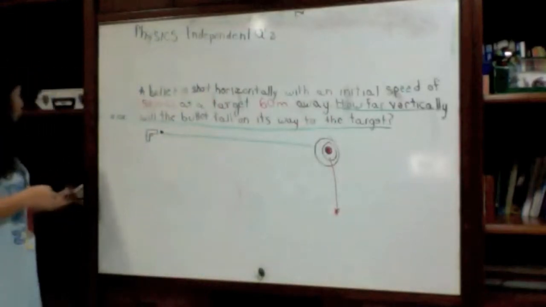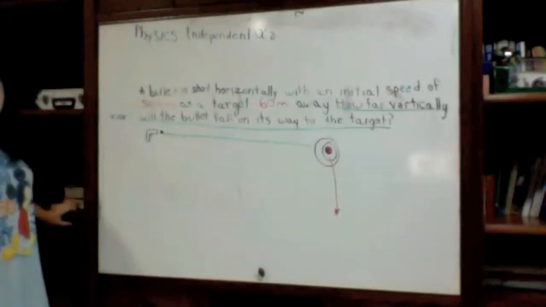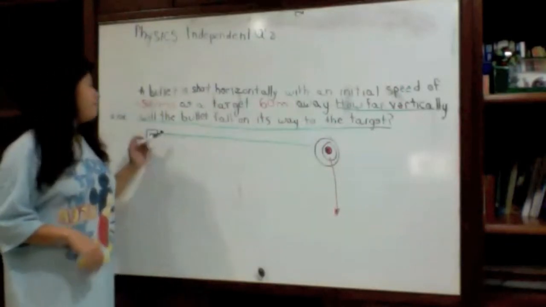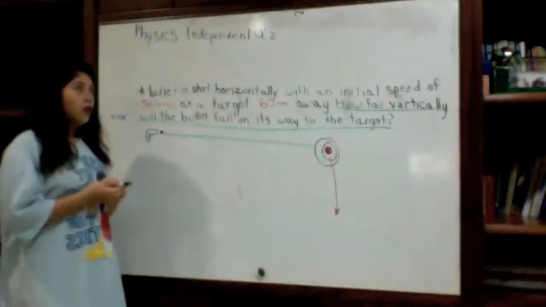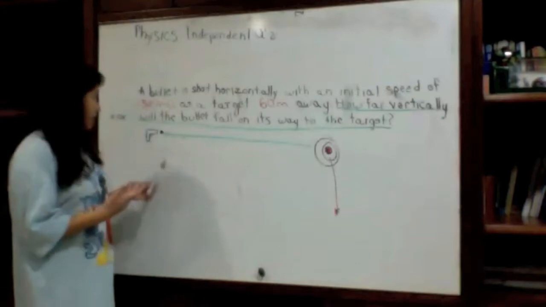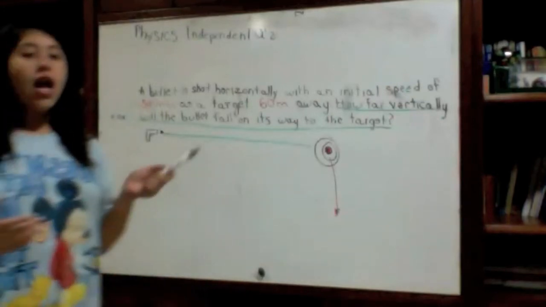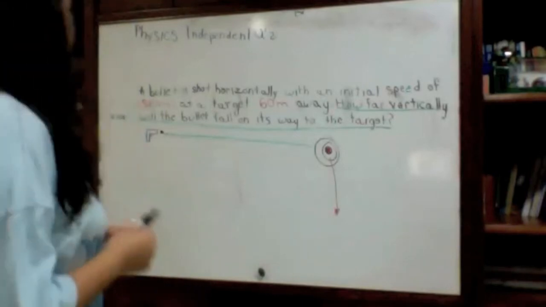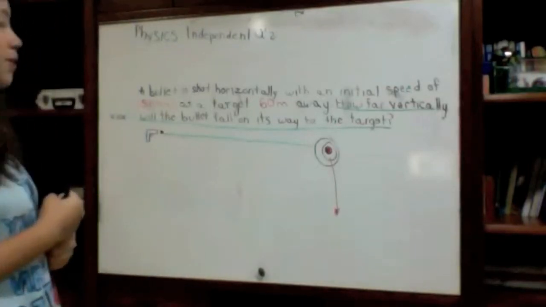And now what we have to do is find the horizontal part of the equation, which is finding out how much time it took for the bullet to travel 60 meters at 580 meters per second.